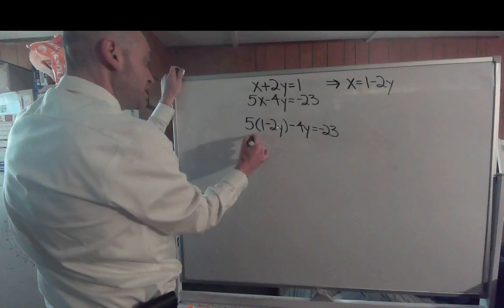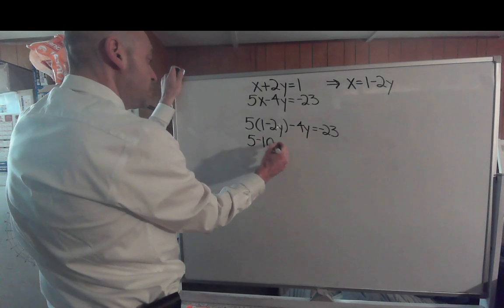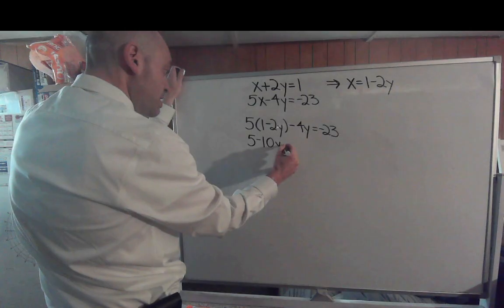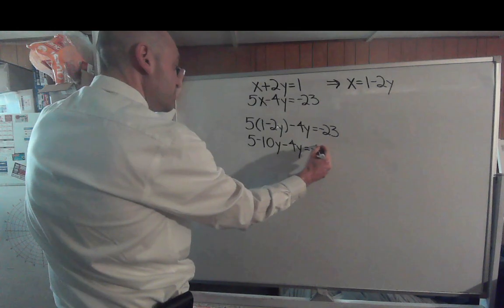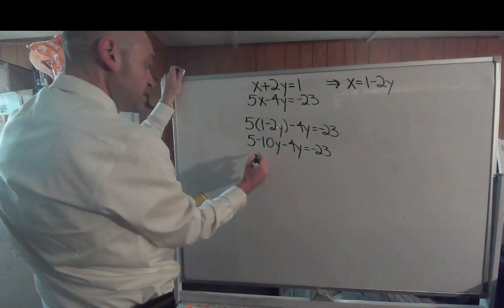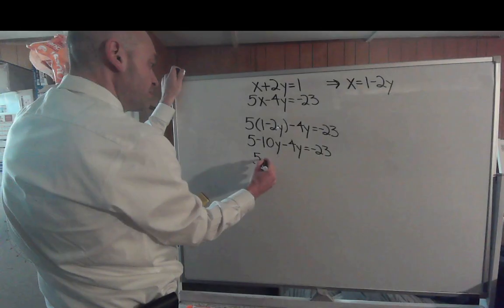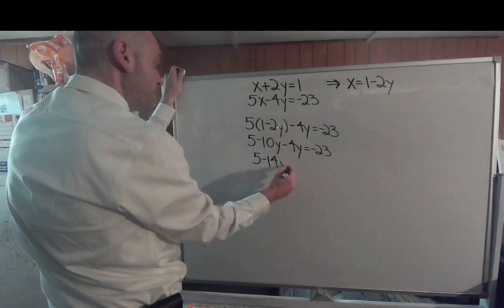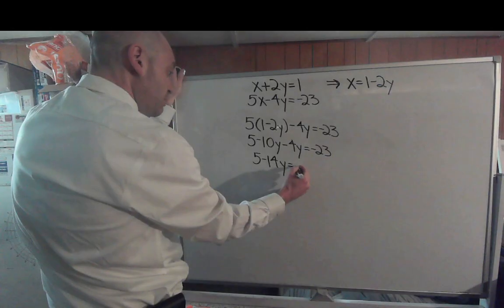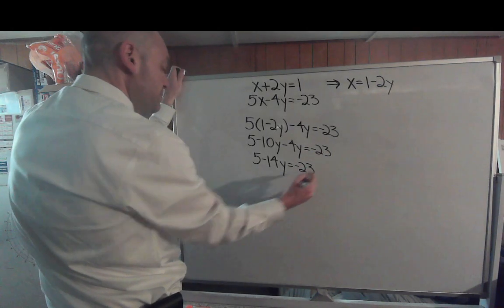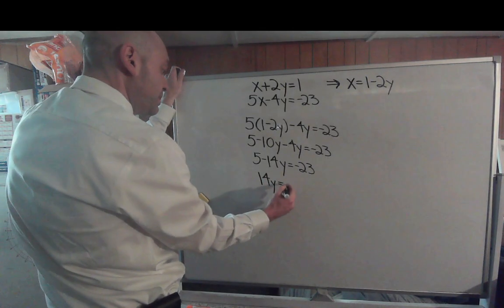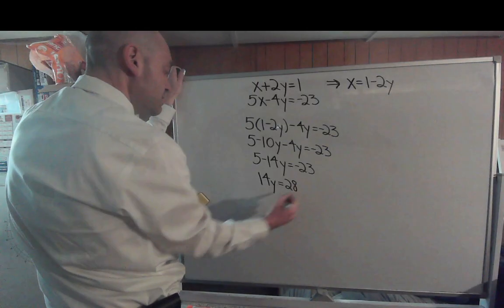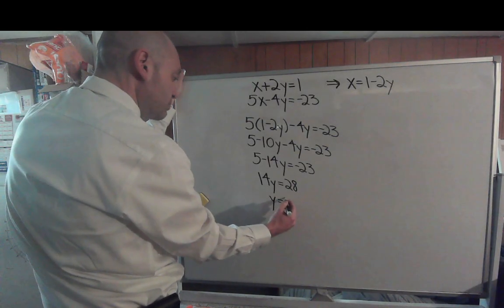So you would end up getting 5 minus 10y minus 4y is equal to negative 23. So you would get 5 minus 14y equals negative 23. So you should end up getting that 14y equals 28, which would mean that y equals 2.